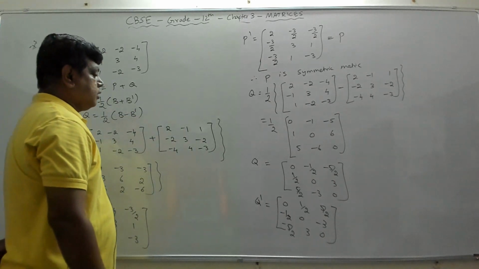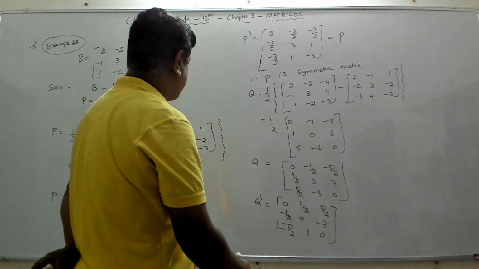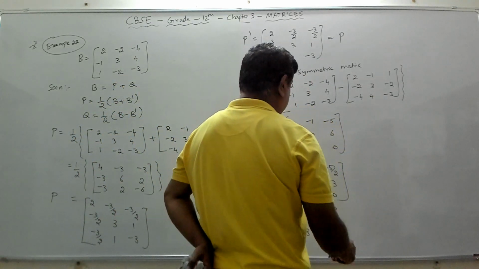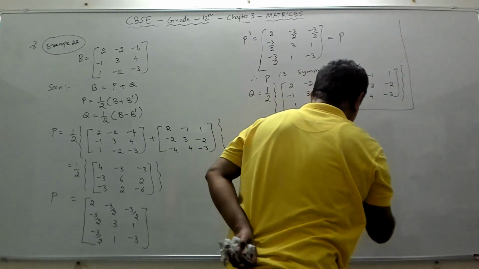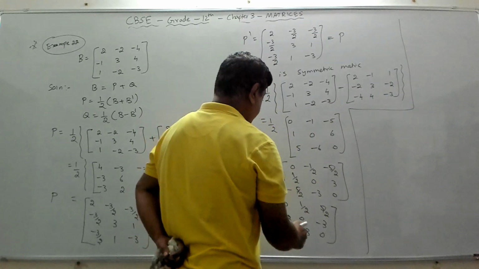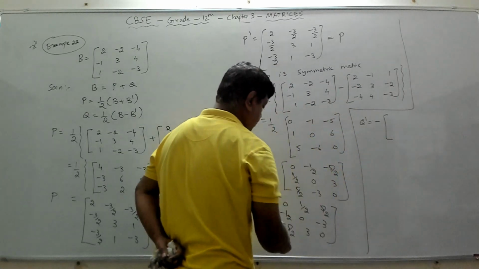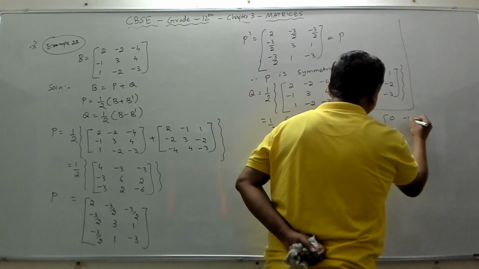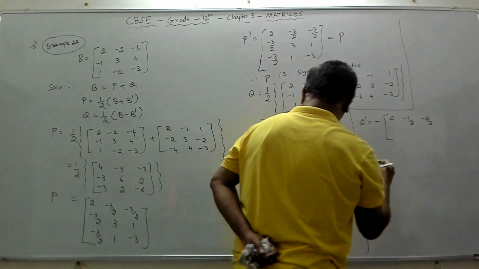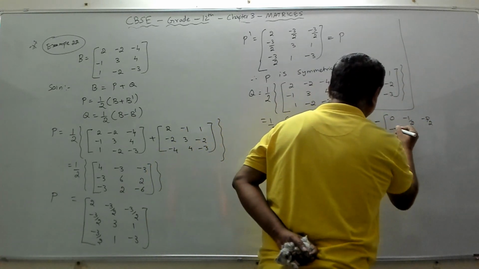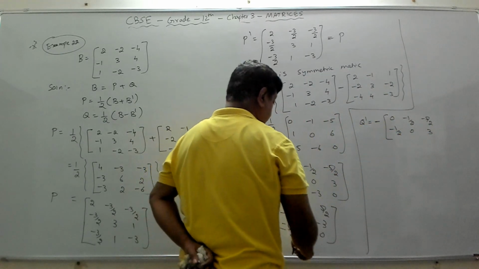Fine. So next, suppose if I take Q transpose and take minus common from this, I'll get 0, minus 1 by 2, minus 5 by 2, then minus 1 by 2, 0, 3, minus 1 by 2, 0, 3, then 5 by 2, minus 3, 0.